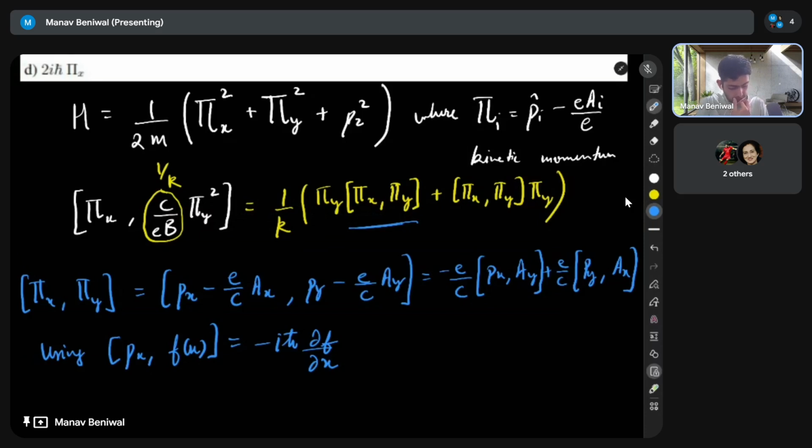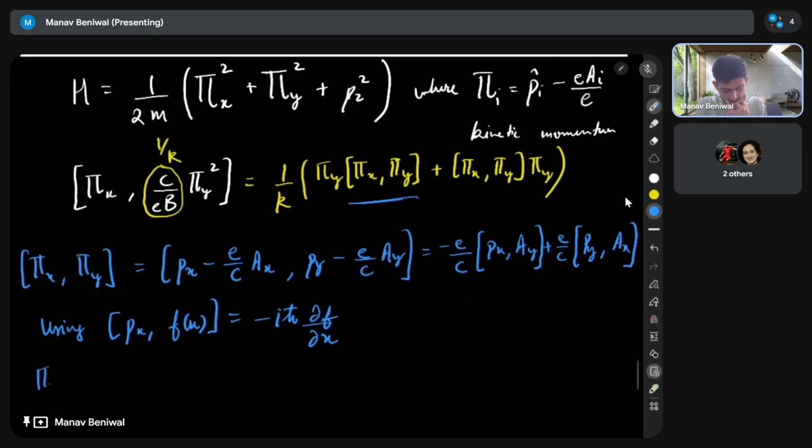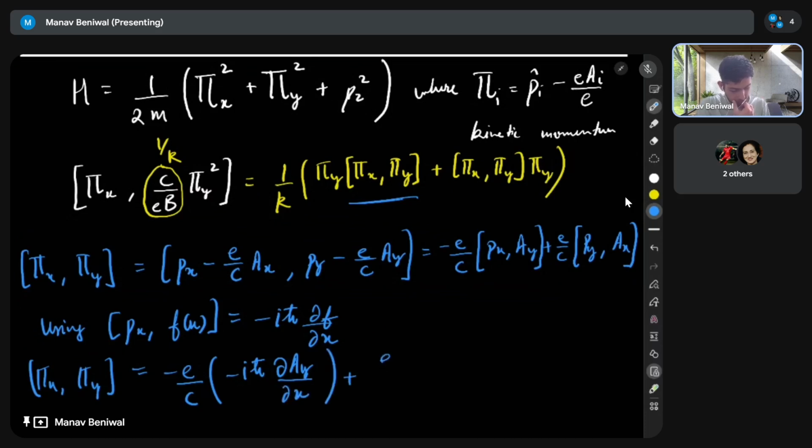So using this, our commutator pi x comma pi y becomes, minus e by c is already outside, and then minus iota h cut del ay over del x plus e by c and then minus iota h cut del ax over del y.